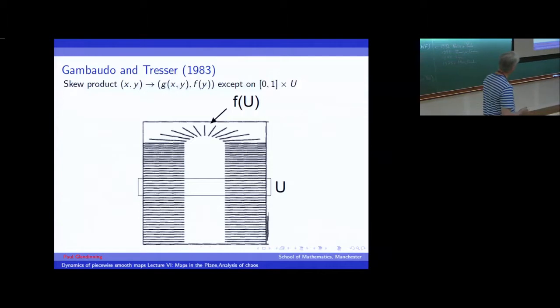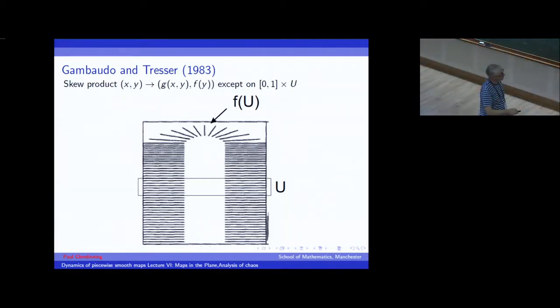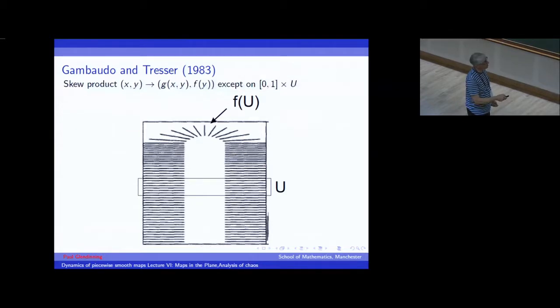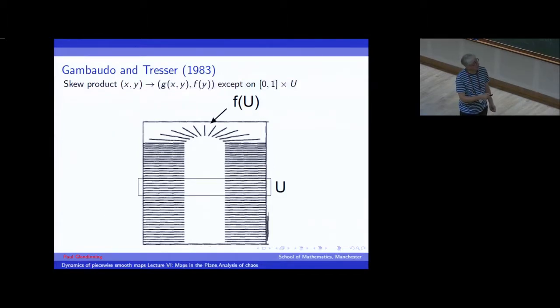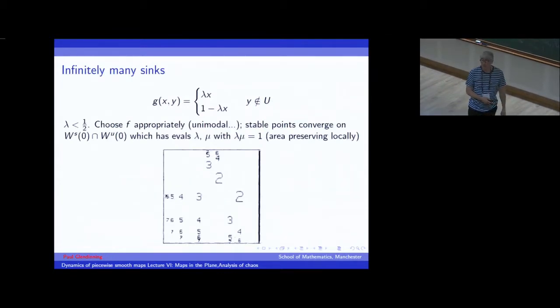They took the square, with horizontal lines, and you take the image of the square, compress it and stretch it, and then put it back down so that the horizontal lines are still horizontal, but bent here. It's a bit like the Smale horseshoe, except that the bent bit doesn't go out of the top of the box.